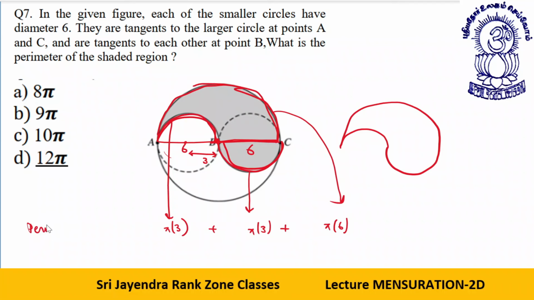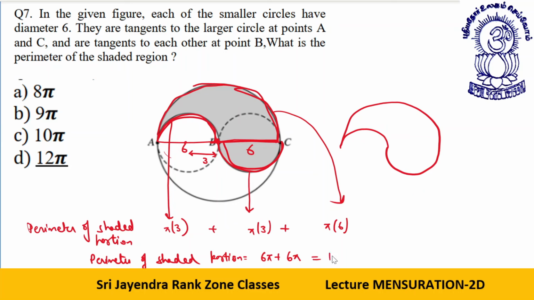So the perimeter of the shaded portion is equal to 6 pi plus 6 pi, that is 12 pi. Am I clear, dear students? Okay, let's move ahead. Let's take the next one.